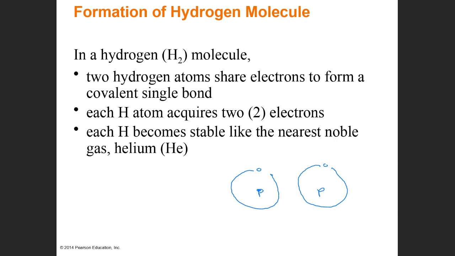Now for hydrogen, they can achieve stability by sharing electrons with each other. So hydrogen are going to overlap their valence shells and share their two electrons with each other, forming a single covalent bond.